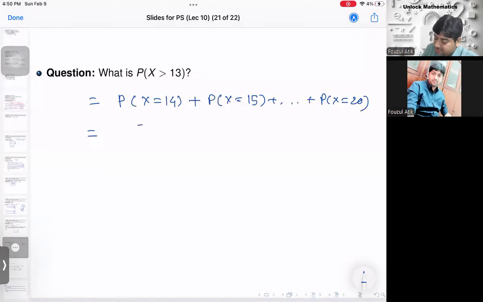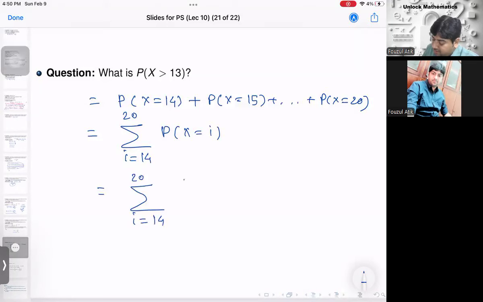This is the sum over i equal to 14 to 20 of P of X equal to i, which we already calculated. It is the sum over i equal to 14 to 20 of i minus 1 C3 divided by 20C4.